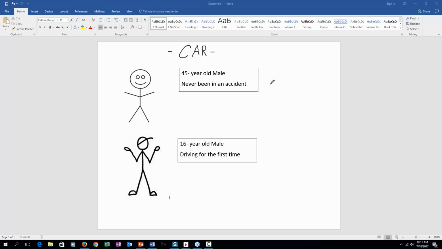So the amount that the insurance company is going to charge to insure him is X amount, but it's a pretty small amount when compared to, you take your 16-year-old son in there, he's driving for the first time, and in this case, he doesn't have a history, but he has comparables, right? You can put him in a category and say, you know what, these 16-year-old males, they're crazy.